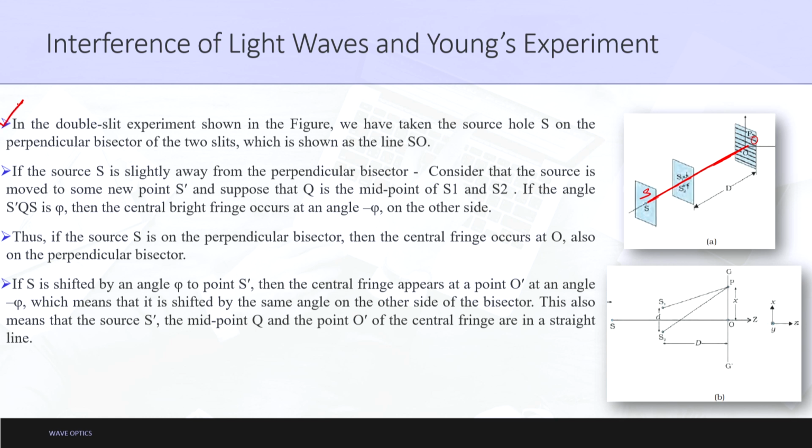If the source S is slightly away from the perpendicular bisector, consider that the source is moved to a new point S dash, and suppose that Q is the midpoint of S1 and S2. So what does it try to explain to us? Let us take a case that this source S is moved apart.